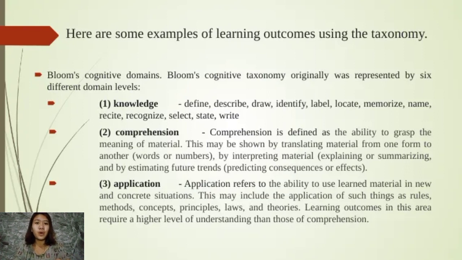So the third one is the application. Application refers to the ability to use learned material in new and concrete situations. This may include application of such things as rules, methods, concepts, principles, laws, and theories. Learning outcomes in this area require a higher level of understanding than those of comprehension.